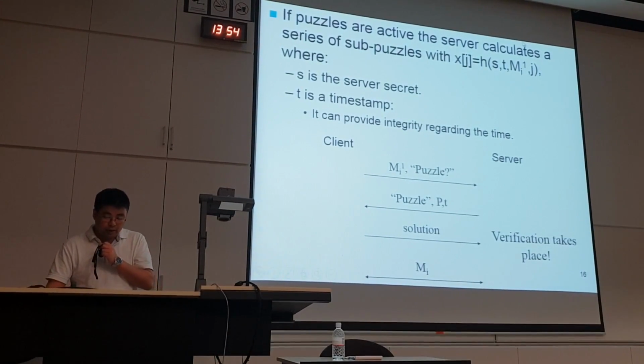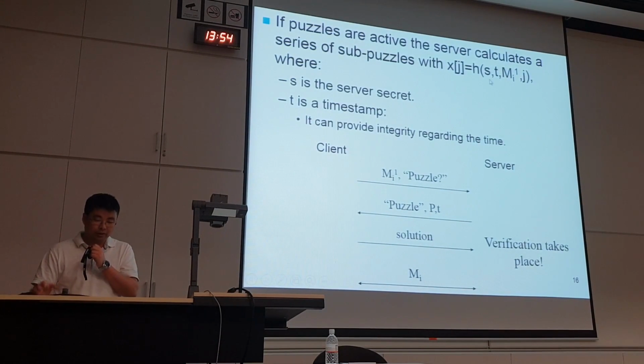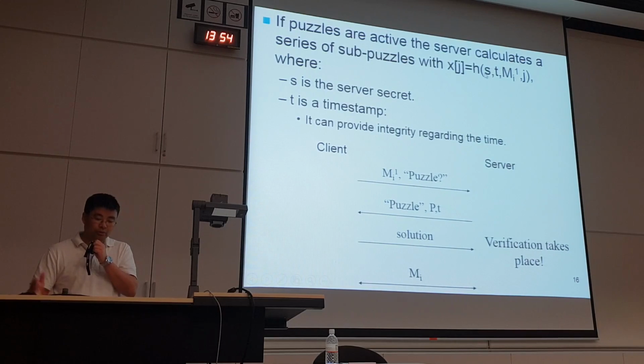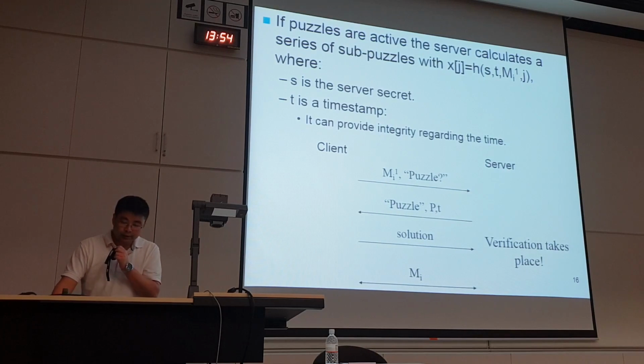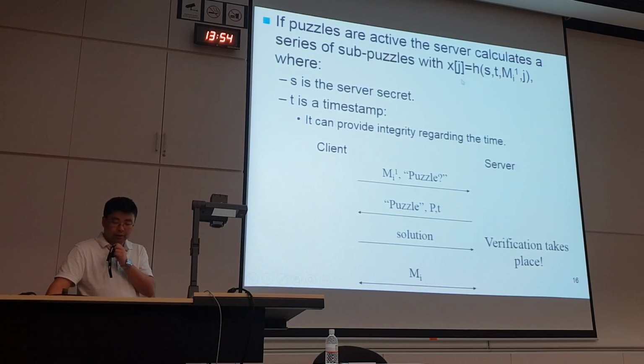Then some students asked, what's the content used by the server? In the previous slide, it says the server needs to use a secret. This is like a secret key, say a long secret string. So you should use a large secret number instead of a short secret. And then some other content is included in the calculation of this X, which is the preimage of the client puzzle.